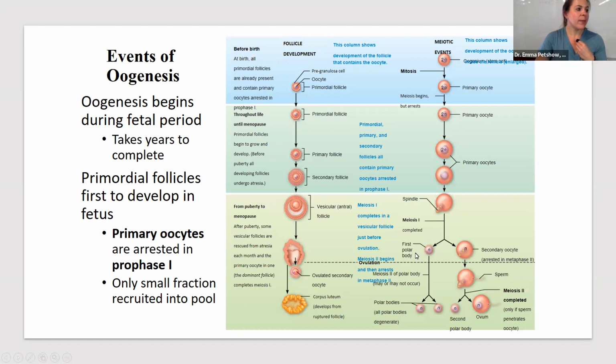It does not become a secondary oocyte and essentially becomes degraded. So from meiosis 1 we get a first polar body that will degenerate, and a secondary oocyte. If the secondary oocyte finishes meiosis 2, we'll have an ovum, and our second polar body also will degenerate. So that's our process here.